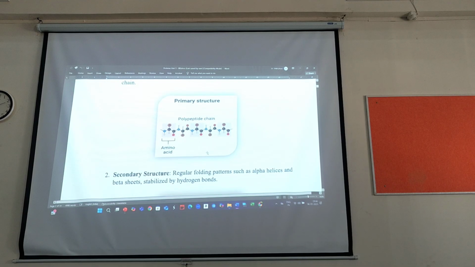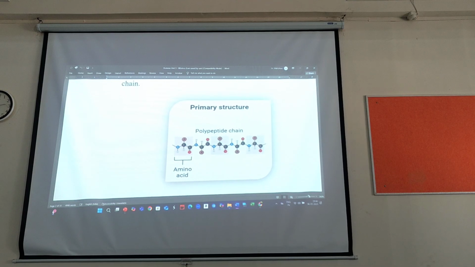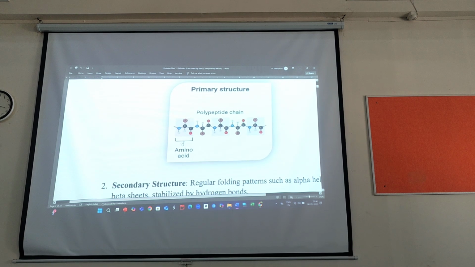You can see here the primary structure: this is a single amino acid molecule, linked by a peptide bond with another amino acid molecule. Like this, the straight or linear chain forms the protein molecule. That's why more than 100 amino acids may be present in a single protein chain.